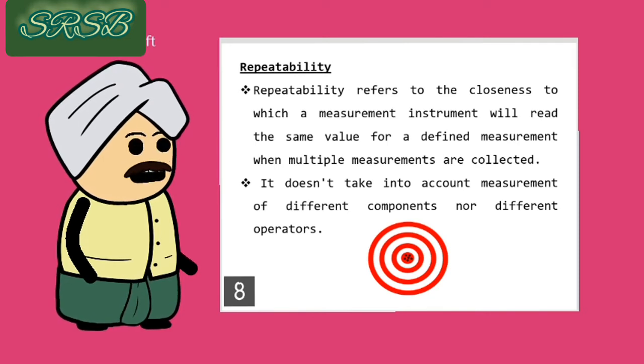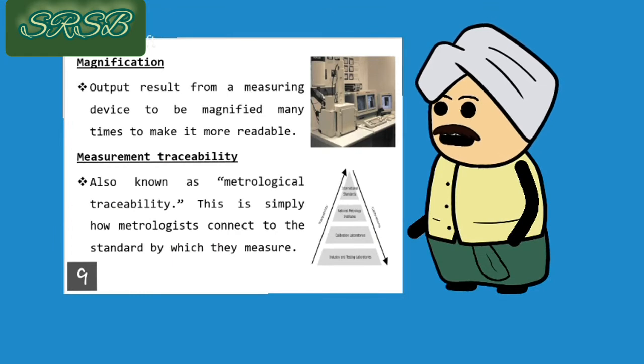You have to use the same component and instrument, and check the repeatability under specified conditions. In magnification, the output result from a measuring device is magnified many times to make it more readable. It helps to interpret the measured value or results.